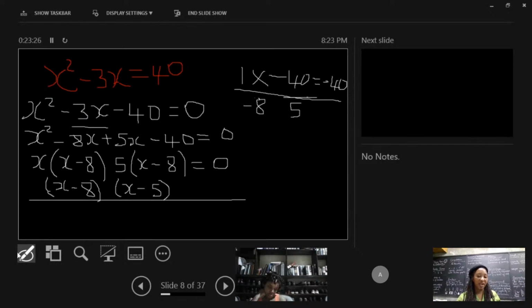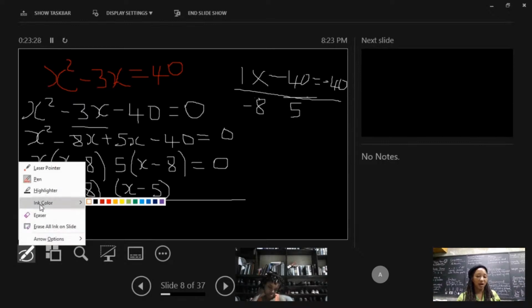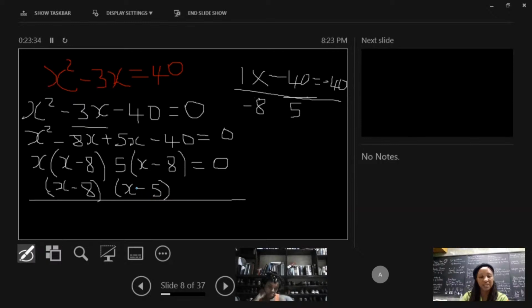But we're just going to check by expanding the factors using the distributive law to see if we get back our original equation. X times x is x squared. X times 5 is 5x. -8 times x is -8x.